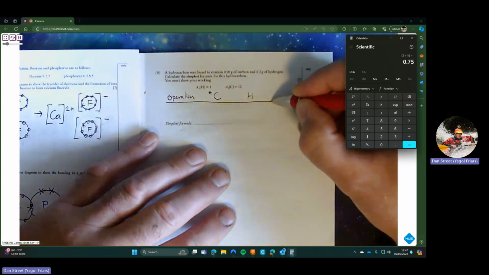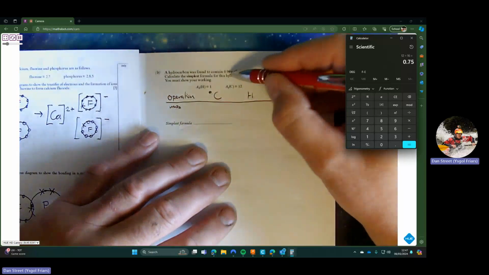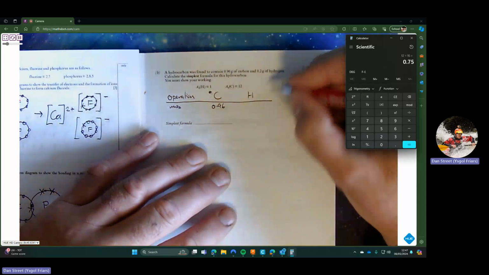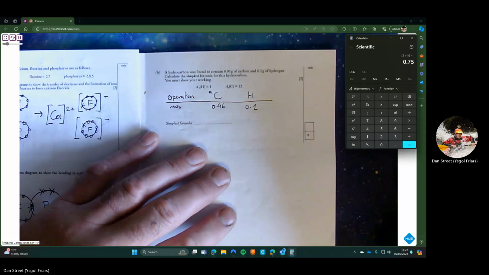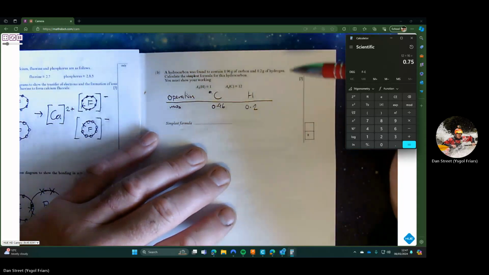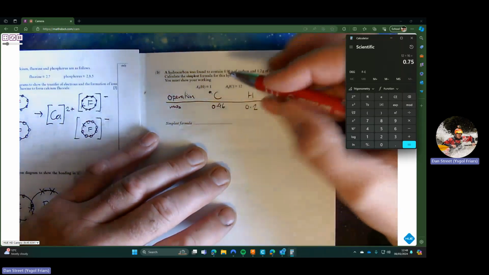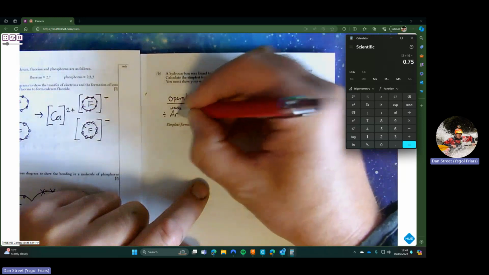I realise I've not really planned this very well. So I've got the mass given in the question. So for carbon it's 0.96, and for hydrogen it's 0.2. That's grams.